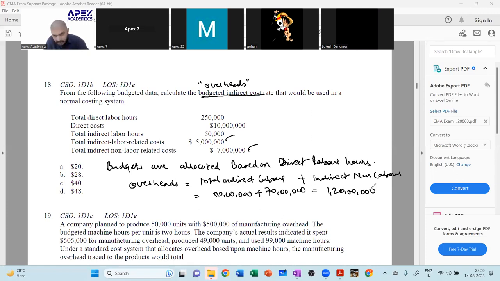Now, my dear friends, this 1 crore and 20 lakhs has to be allocated, a rate has to be arrived upon. And the only way of doing that is direct labor hours.